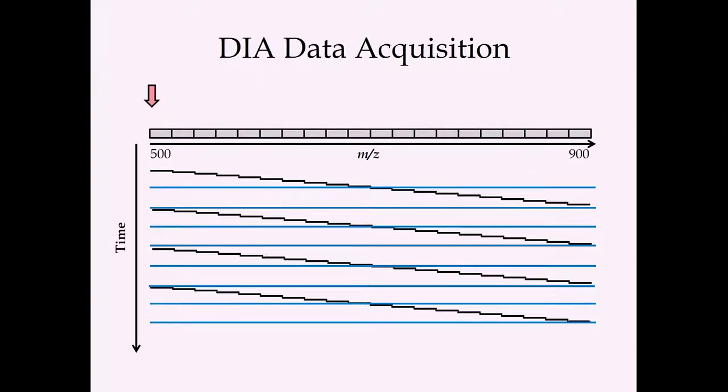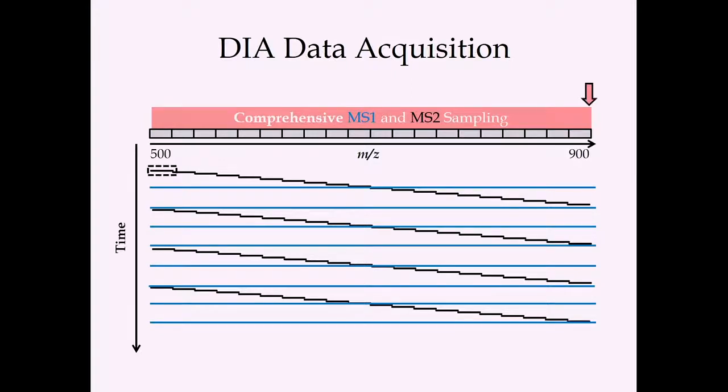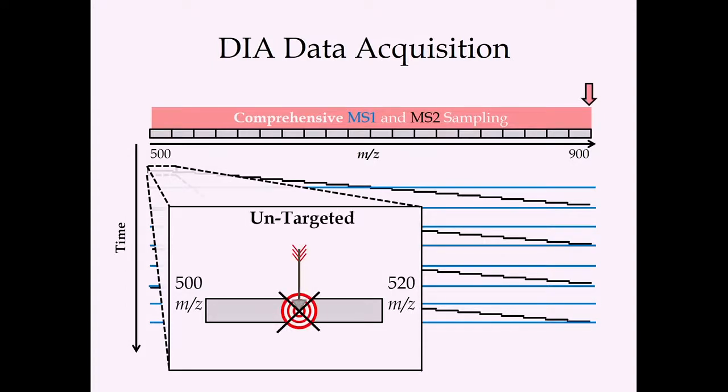So just a little bit of review here. Data independent acquisition in most cases has comprehensive MS1 and MS2 sampling across a given mass range. For any one given isolation window, it's untargeted because the center of this isolation window, in this case placed at 510 mass-to-charge, is not directly centered on a given precursor.